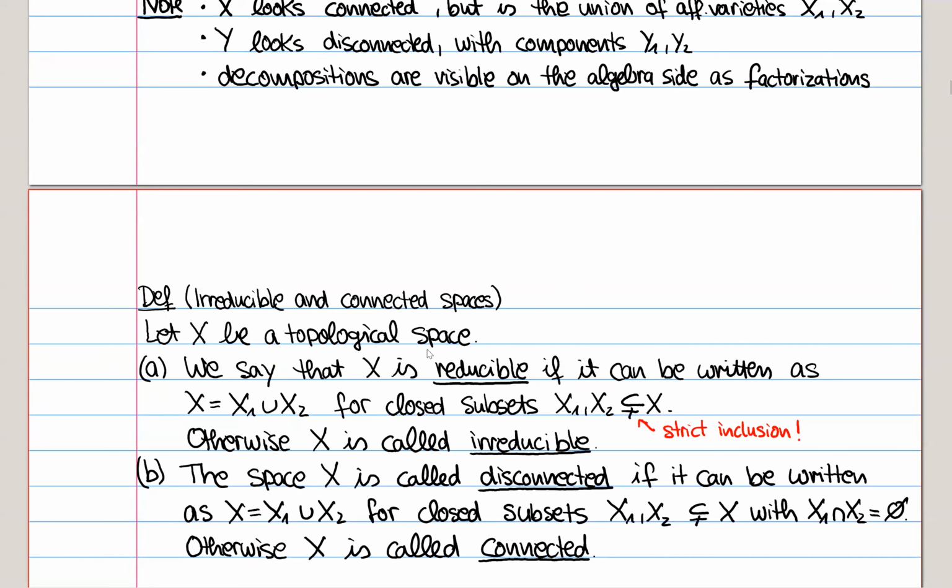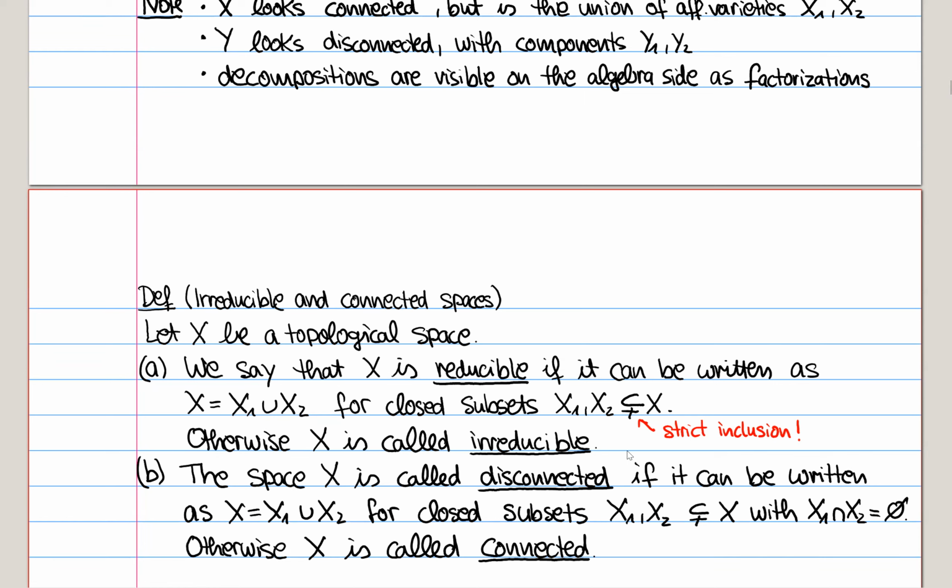But if X is any topological space, we say that X is reducible if it can be written as a union X1 union X2, where X1 and X2 are closed subsets which are proper subsets of X. They're not equal to X because if you can take one of them to be all of X, then this is trivially true. You can take X equal to X union the empty set. So here it's really important that these are proper inclusions.